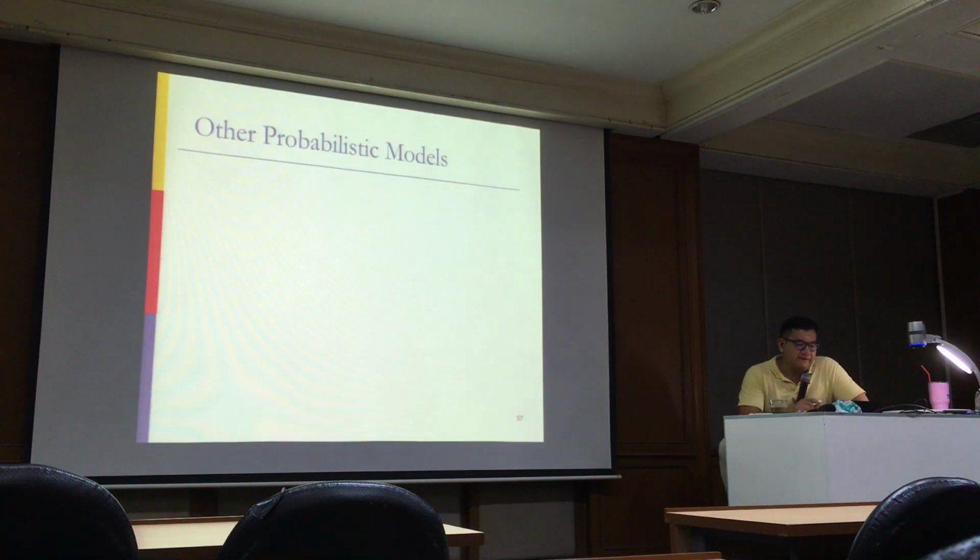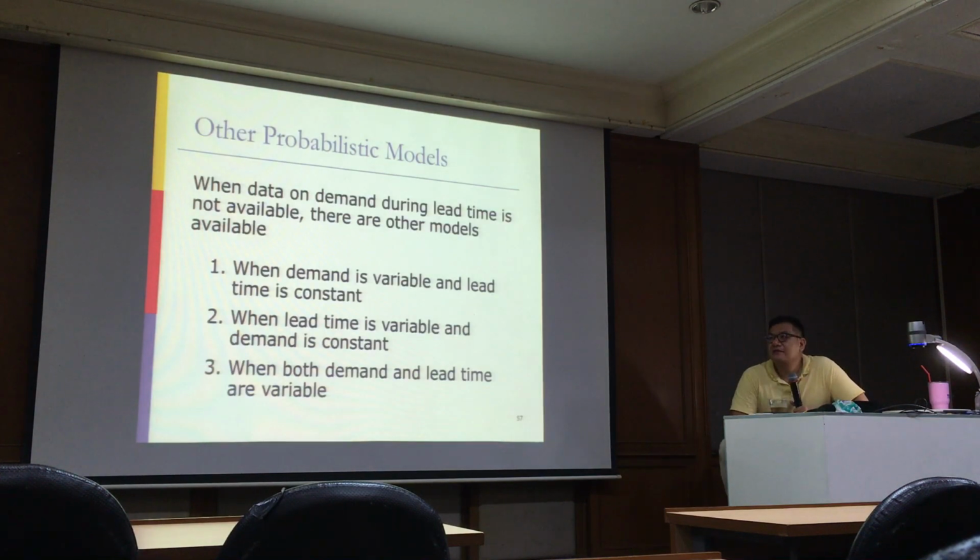But we can have another case. For example, if the demand during lead time is not available, but you know other conditions: demand varies and the time is constant, or the time varies and demand is constant, or both of them vary. What can we do then?